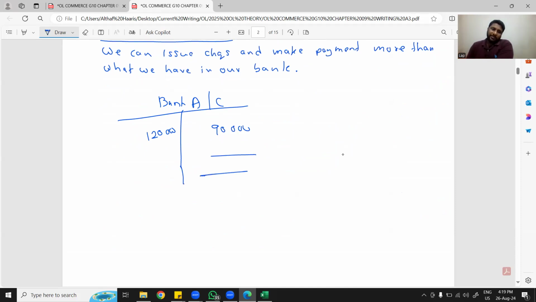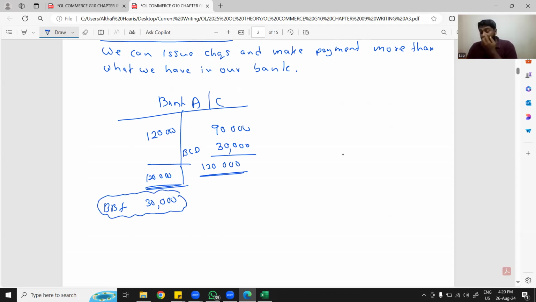If you balance this, 120 and 120, here balance CD 30, here balance BF 30. Which side did the BF come to?